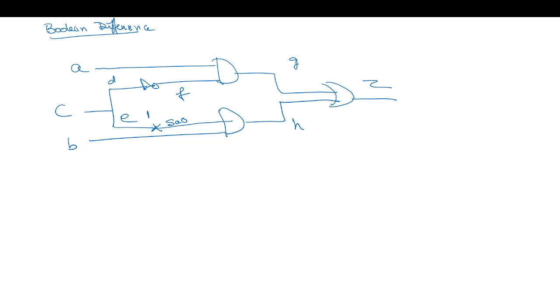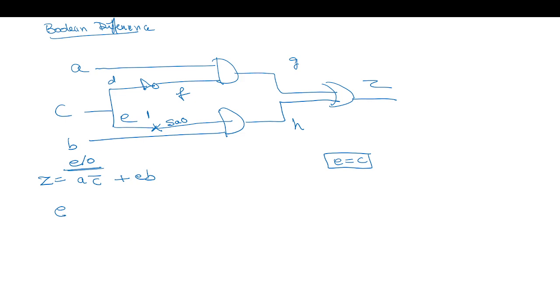We are writing the Boolean difference, generating the test pattern for E stuck at 0. So Z is A C complement plus E B. We have an expression with E. And actually E is nothing but C.